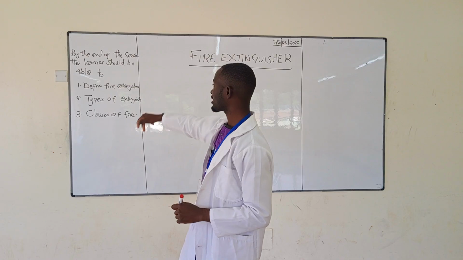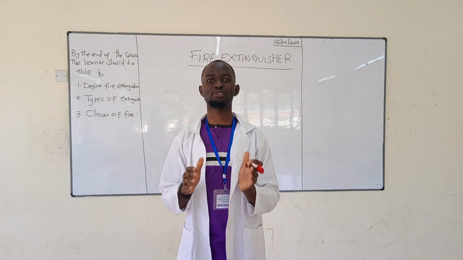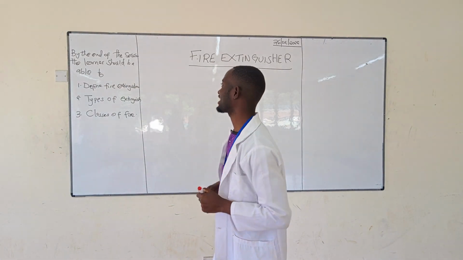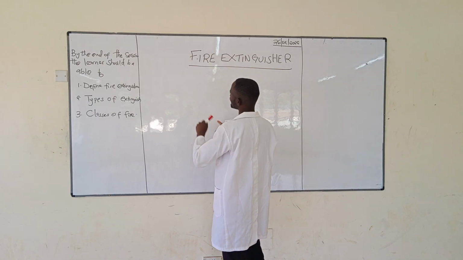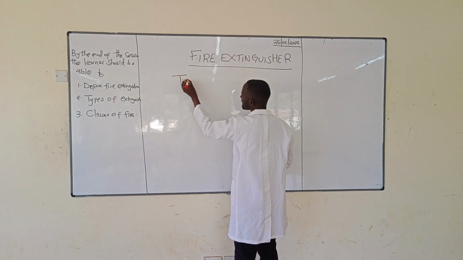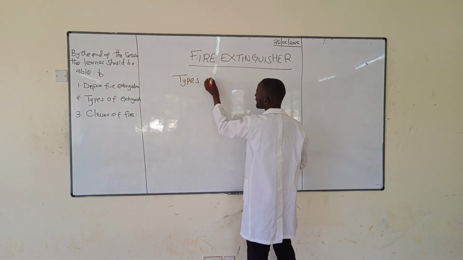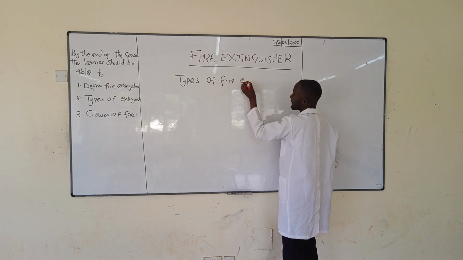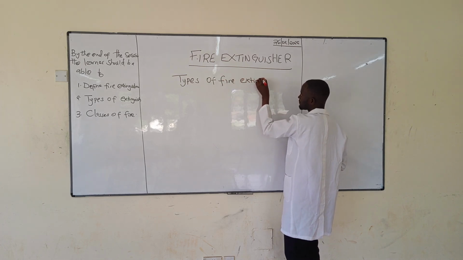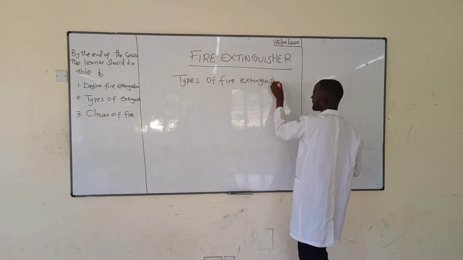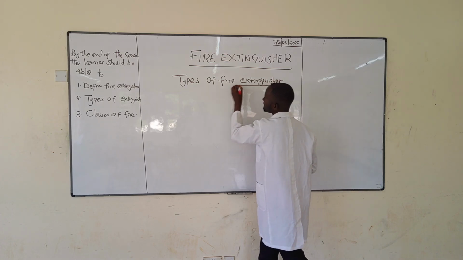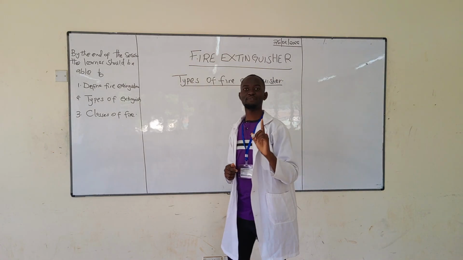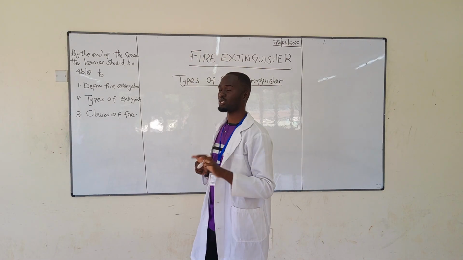Now, for the second one, let's see the types of fire extinguisher. The first one, we have water.